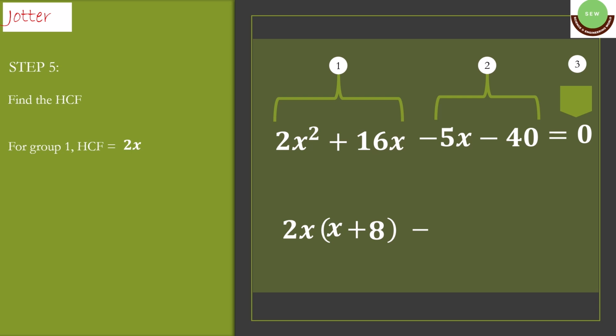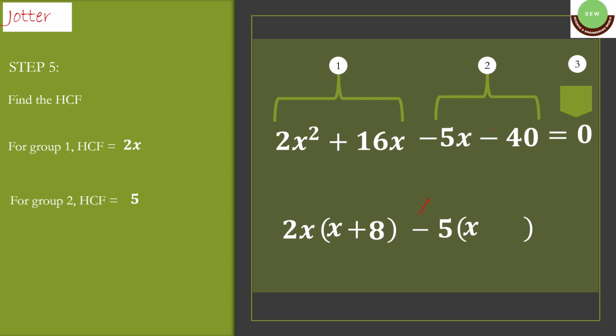So what is the HCF for group 2? In group 2, looking at that, we find out that 5 will be common to both 5x and 40. So if you take 5 out, we now have the 2 brackets. So 5 in 5x will give us x. Now, we have to be careful here. We know that the sign here is minus, and the sign here is minus.